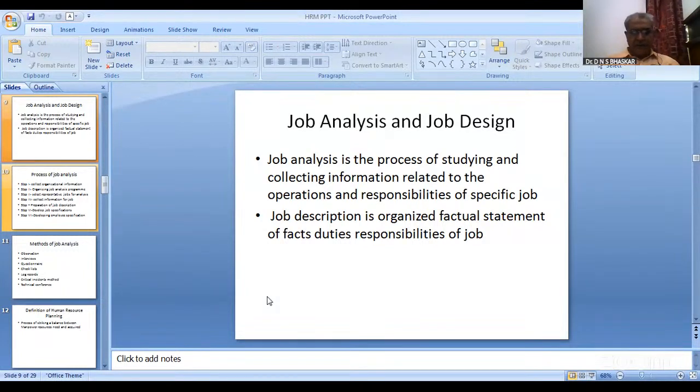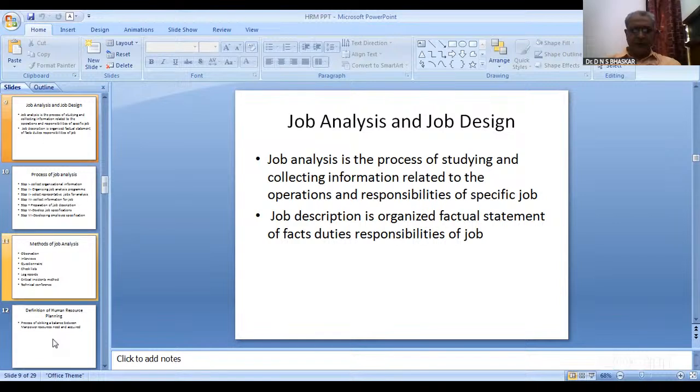It is the process of recruitment and selection and other important aspects. We come to the job description aspect. Job description basically tells us the duties, the responsibilities to be performed, and the standards of performing the job and so on.